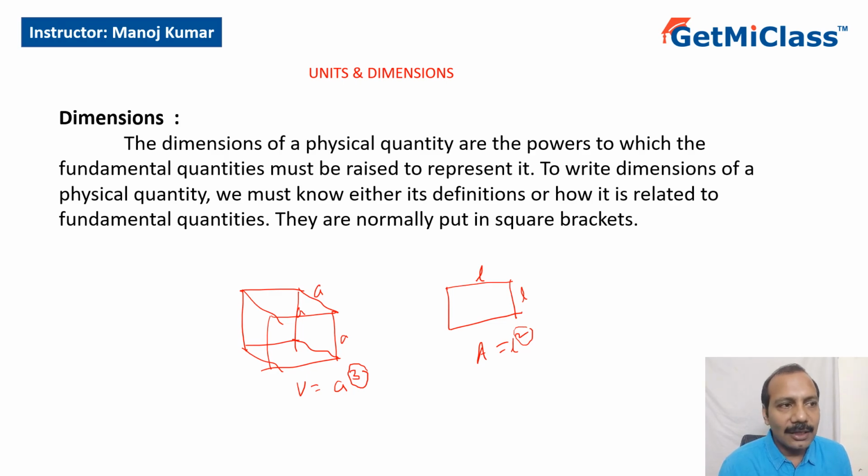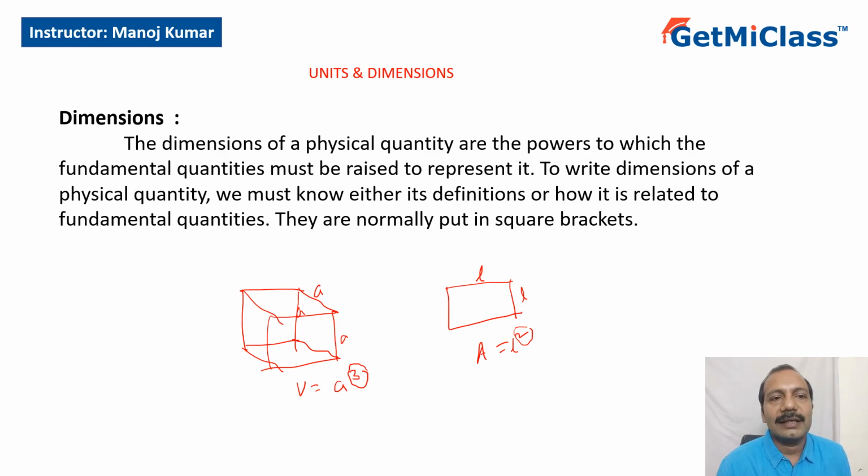So now let's see how we define it. I hope this is clear. Dimensions are the powers to which fundamental quantities are raised in the expression of that particular physical quantity. We define the dimensions of a physical quantity as the powers to which the fundamental quantities must be raised to represent it.